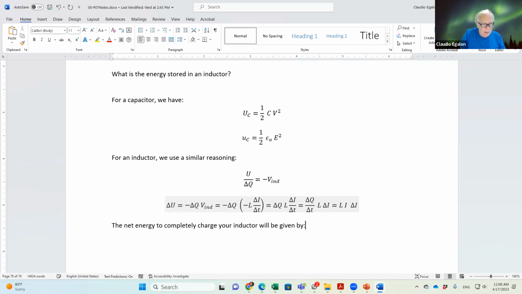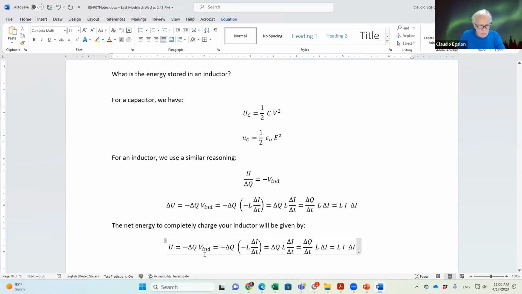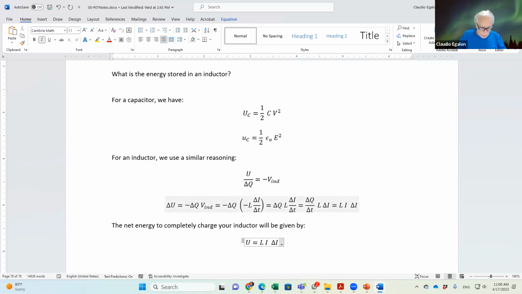It's given by the net energy, which is going to be kind of a similar equation. And we have something similar for the capacitor. To really derive this thing here that I'm doing for you, we need the integral calculus, okay? But it's going to be something like that.